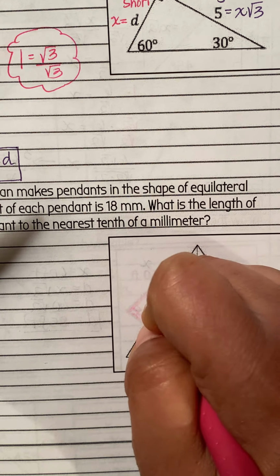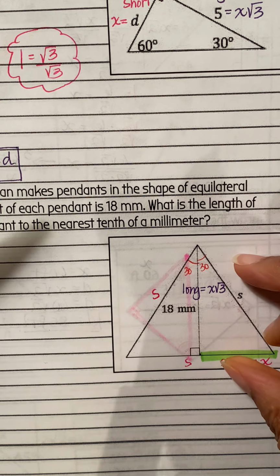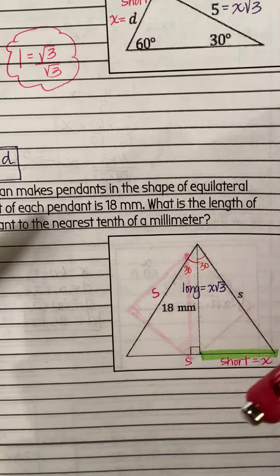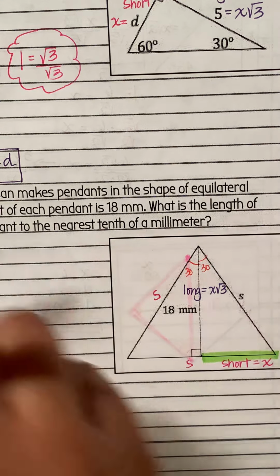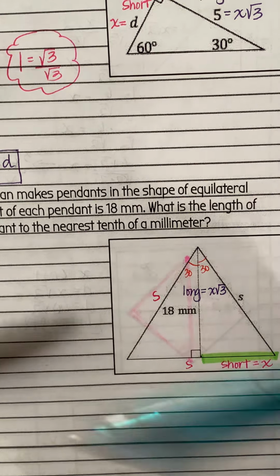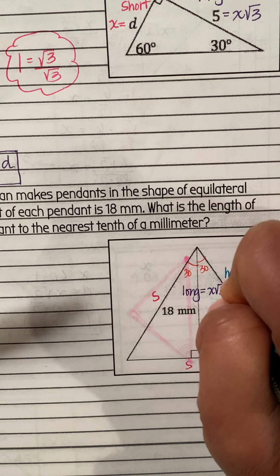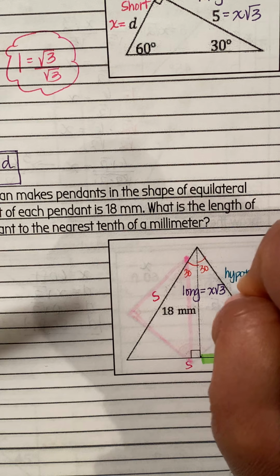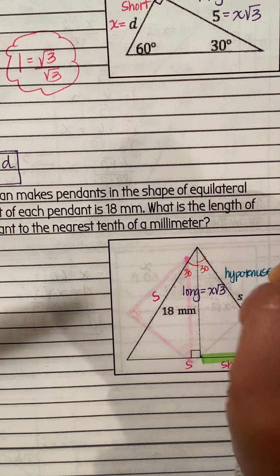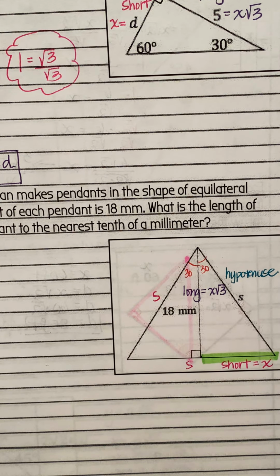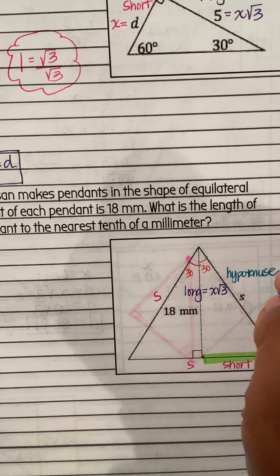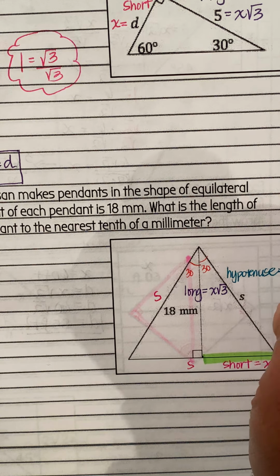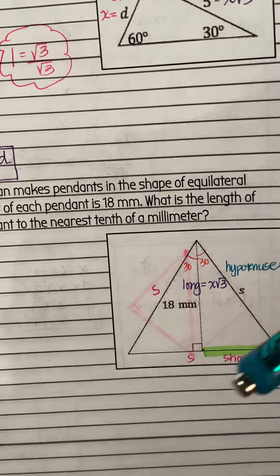They're all s, all right? But we're looking at this piece of the triangle. So this is my hypotenuse. So my hypotenuse on a 30, 60, 90 triangle is always twice the short leg. So this is equal to 2 times x.